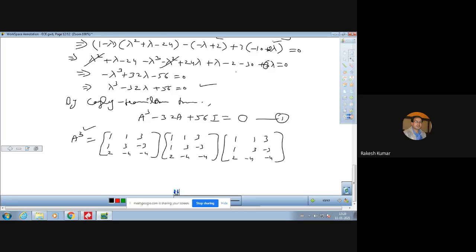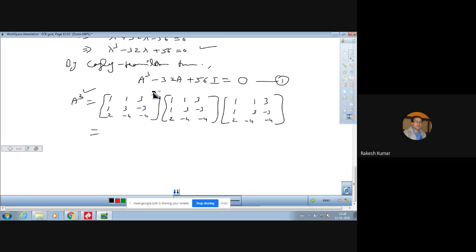Now we will multiply two matrices, 3 by 3 matrices. So let us multiply these two matrices. This will give you 1 into 1 is 1 plus 1 plus 6, and next will be 1 plus 3 minus 12, minus 3 minus 3 minus 12. This is 1 plus 3, and this is minus 6. 1 plus 9 plus 12.